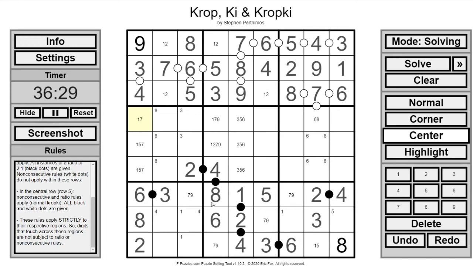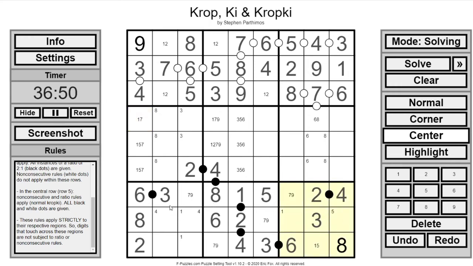So interesting. So you got 1, 5, 7, 9 left in here.